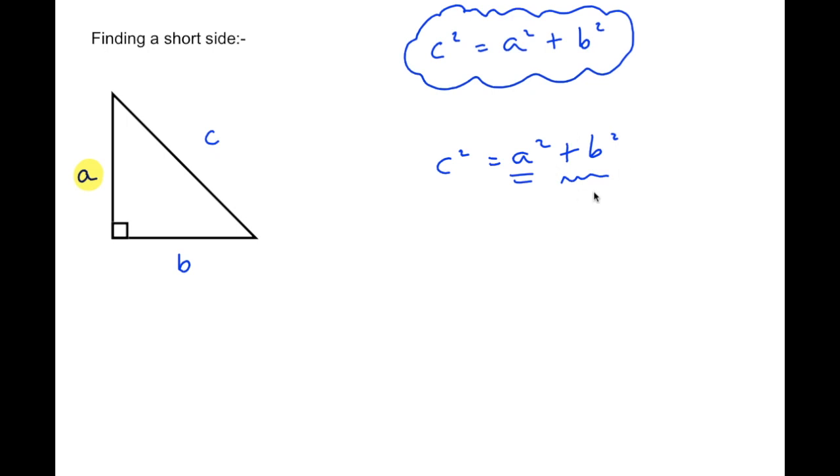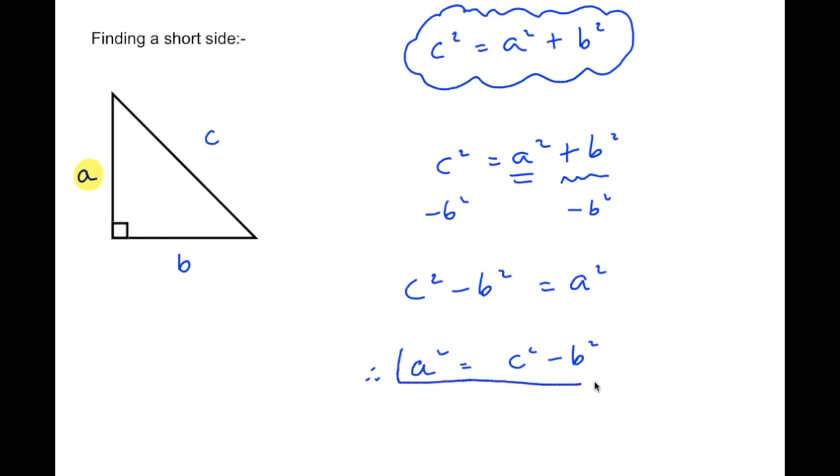To do that, I just do the inverse. I take B squared from both sides of the equation. So now I have C squared minus B squared is equal to A squared. Let's rewrite that: A squared is equal to C squared minus B squared. We can use this formula to find a short side.